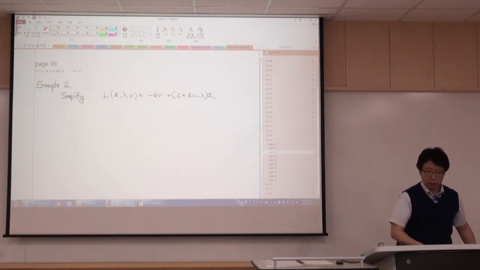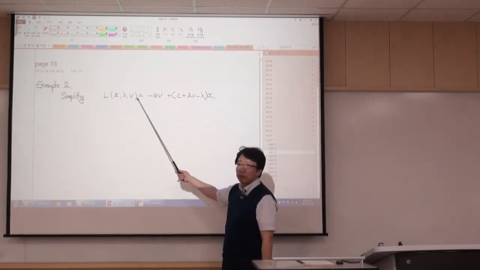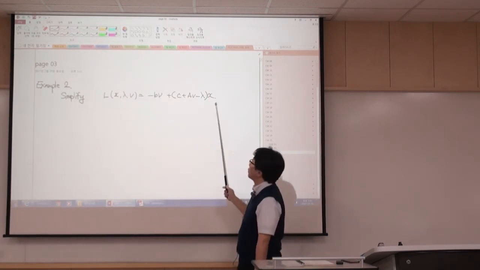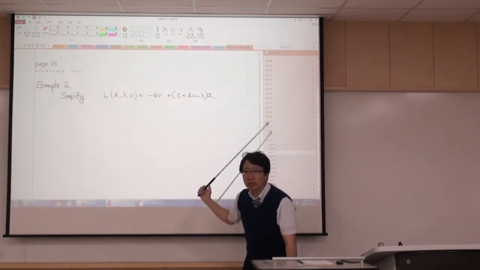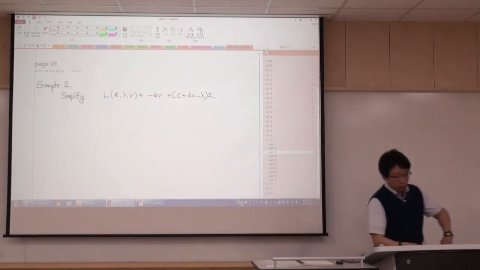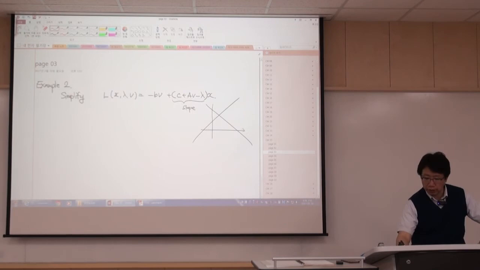Something like this. What is this? When lambda and nu are given and x can be any value. What is this one? As a function of x, it's a straight line. Am I right? It's a straight line. Depending on the sign of this part, this is the slope. You may have something like that or something like that. Am I right?